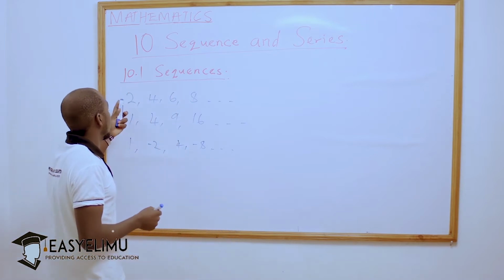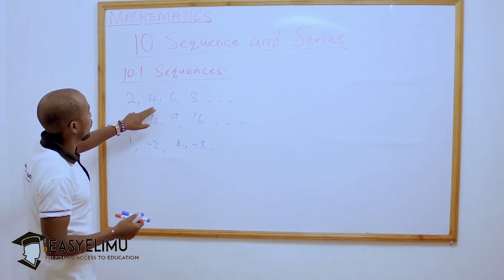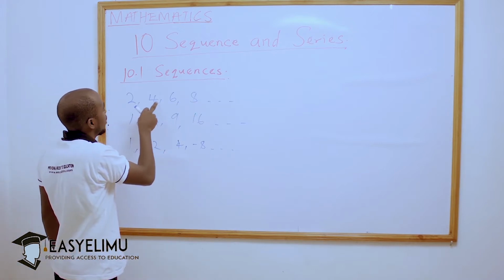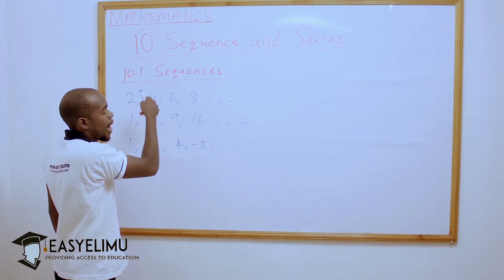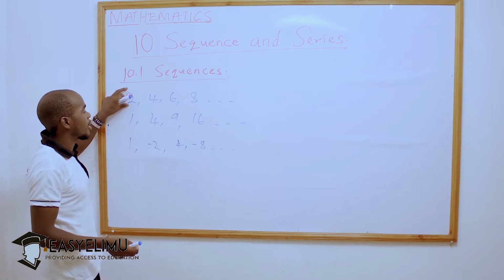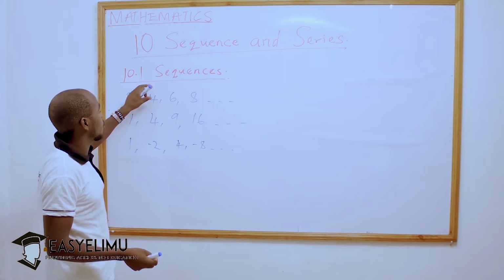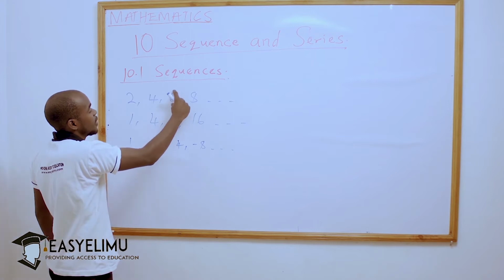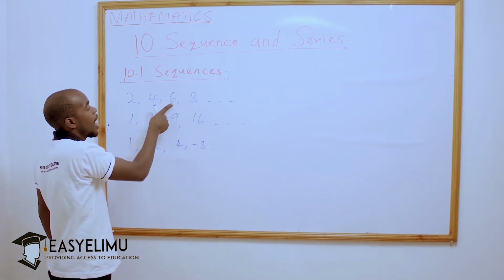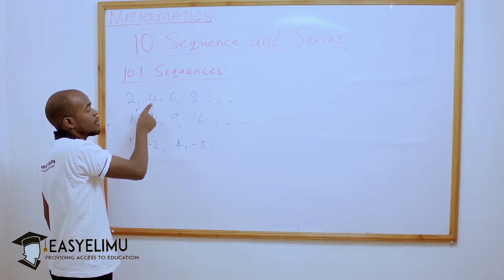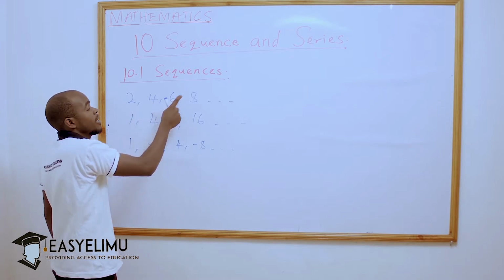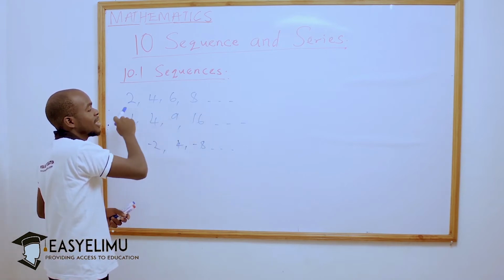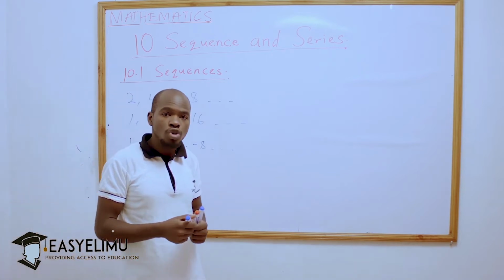For the first one, the numbers go 2, 4, 6, 8. If you want to find 4 from 2, you are adding 2 to the first number to get the successive number. The same applies to 6: you add 2 to the preceding number to get the successive number. So to get another number in this pattern, you keep adding 2.